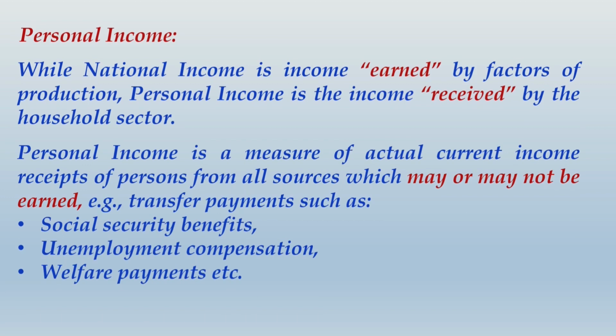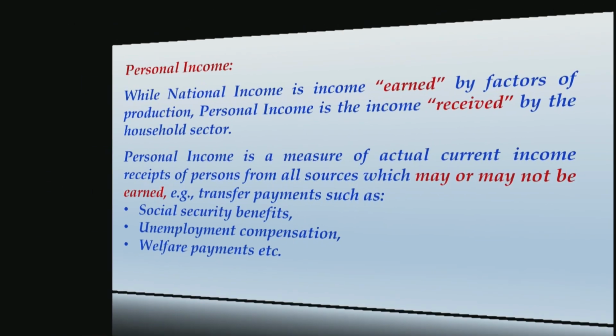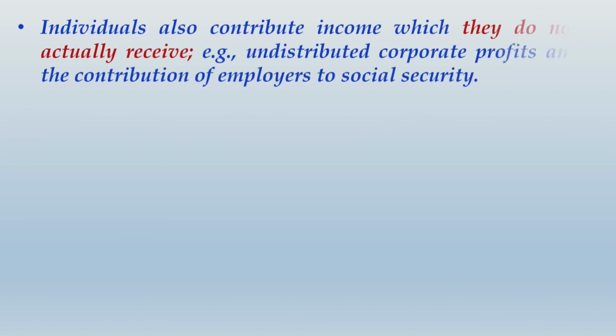Alright friends, once you have completed writing this much, let us move ahead and continue writing further. Individuals also contribute income which they do not actually receive. For example, undistributed corporate profits, which I told you earlier as retained earnings, and contribution of employers to social security. Now, I'm sure within the subject income tax, you would have learned something about social security payments.